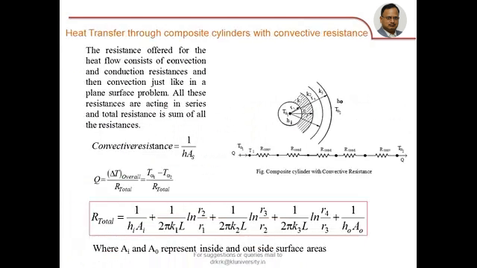If it is pure conduction, you have conductance only. If it is pure convection, you have heat transfer coefficient. But in a problem like this, the resistance is offered both in terms of convective resistance as well as conduction resistance. So the total resistance is a combination of convection and conduction.